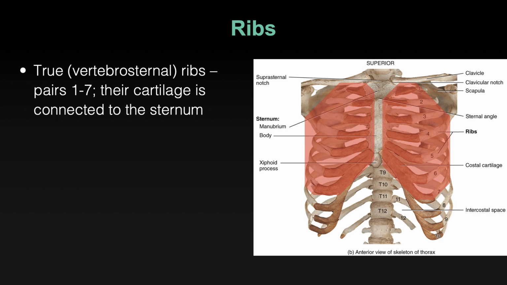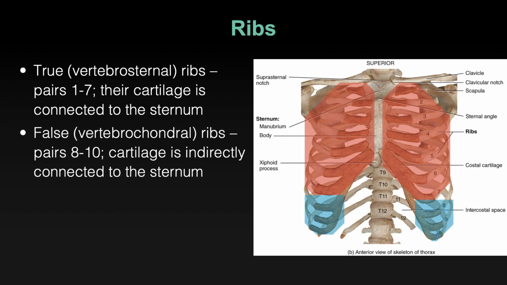So 1, 2, 3, all the way through 7 ribs. 1 through 7, highlighted here in red, are true ribs. You could also call them vertebrosternal ribs, because they connect between the vertebrae and the sternum. Or you can call them true ribs. If they're not true, they are false. False ribs don't connect directly to the sternum.